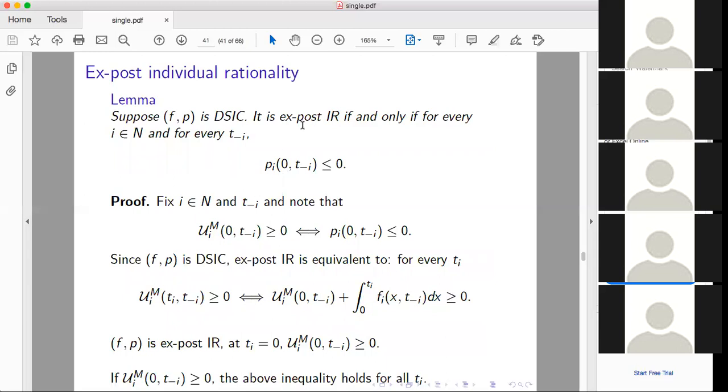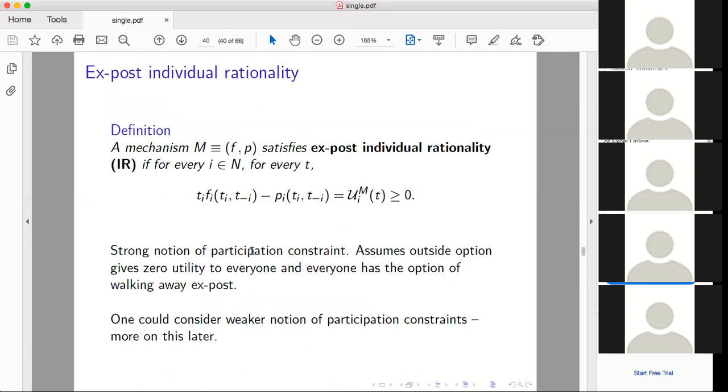So let's do one direction. Suppose we take a mechanism which satisfies ex post IR. If you apply the ex post IR constraint to the type 0, then the first term is 0. So we get minus pi_i(0, t_-i) is greater than or equal to 0.